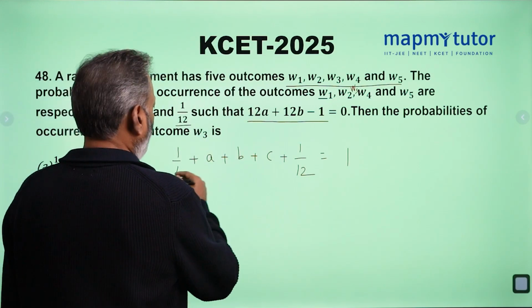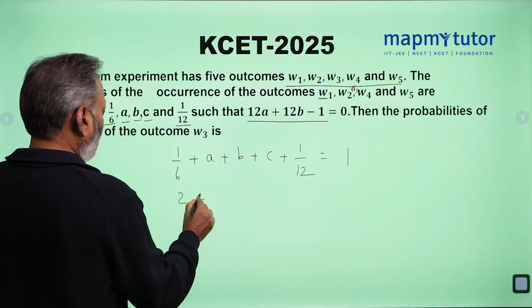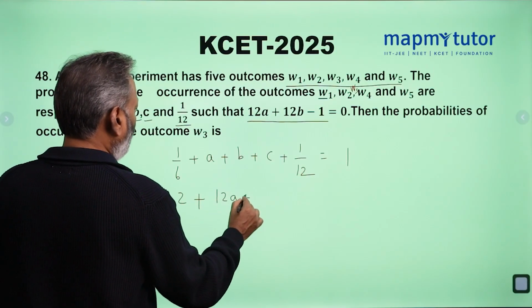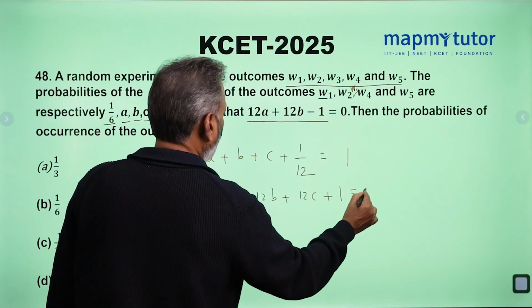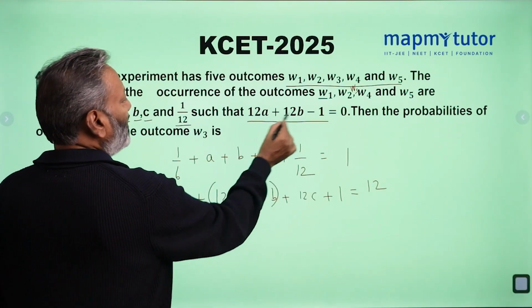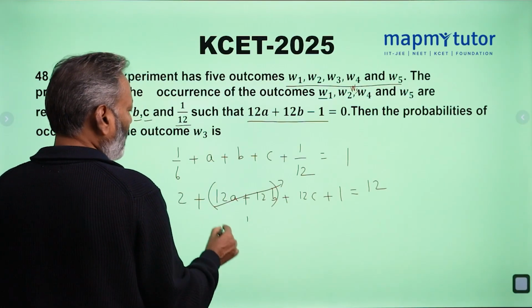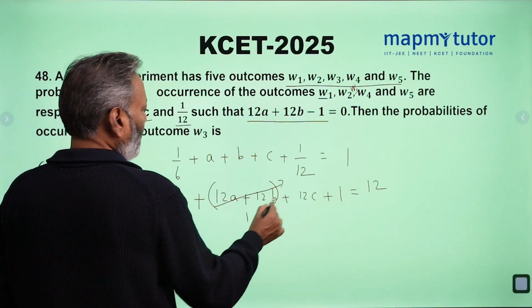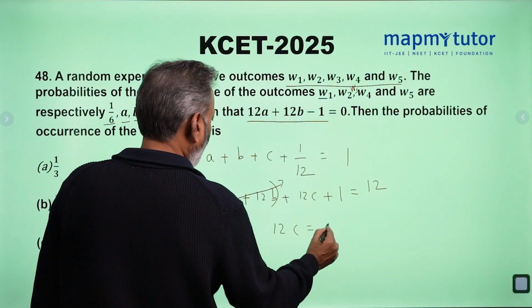Therefore, if you take LCM 12, multiply by 12 on both sides, you will get 2 plus 12A plus 12B plus 12C plus 1 equal to 12. And already 12A plus 12B is given as 1. So 2 plus 1, 3 plus 1, 4. If I send it to the other side, I'll get 8.